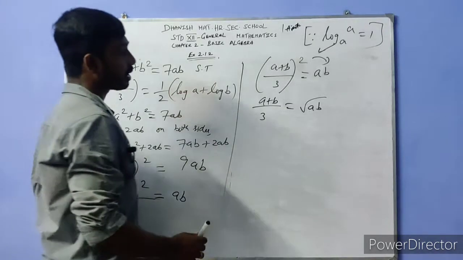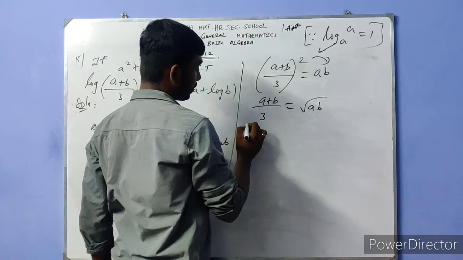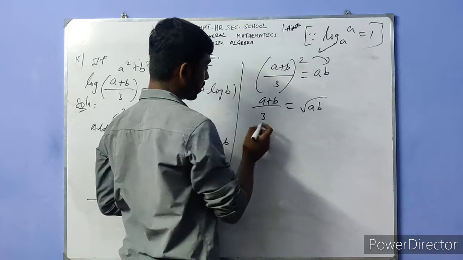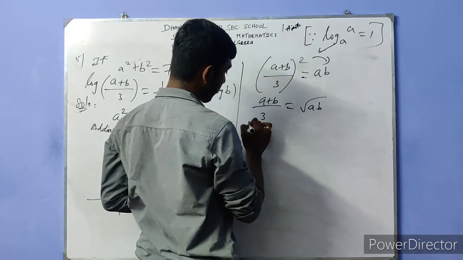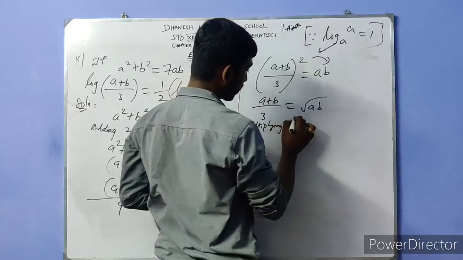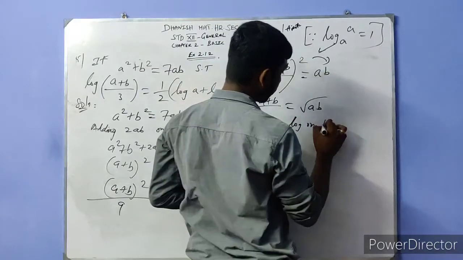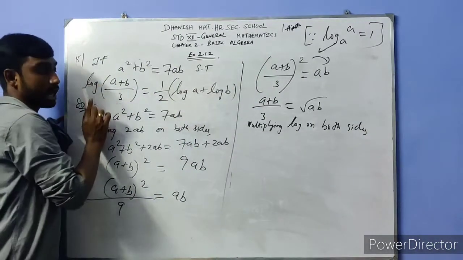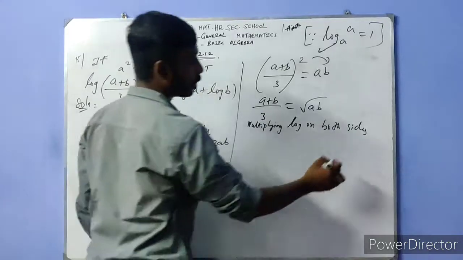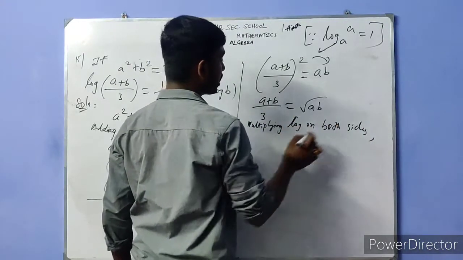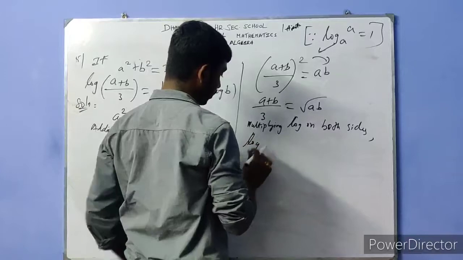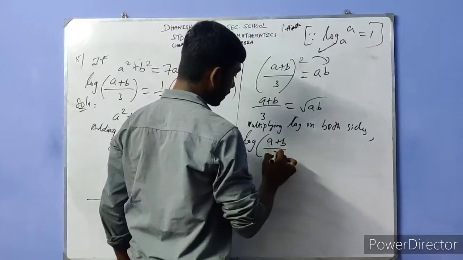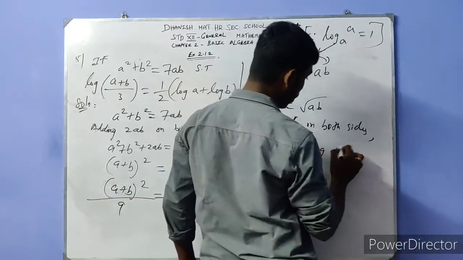Here we are multiplying log on both sides, because in the question, the LHS side also has log and the RHS side also has log. Multiplying log on both sides, what do we get? Log of (a plus b) divided by 3 equals log of root of ab.